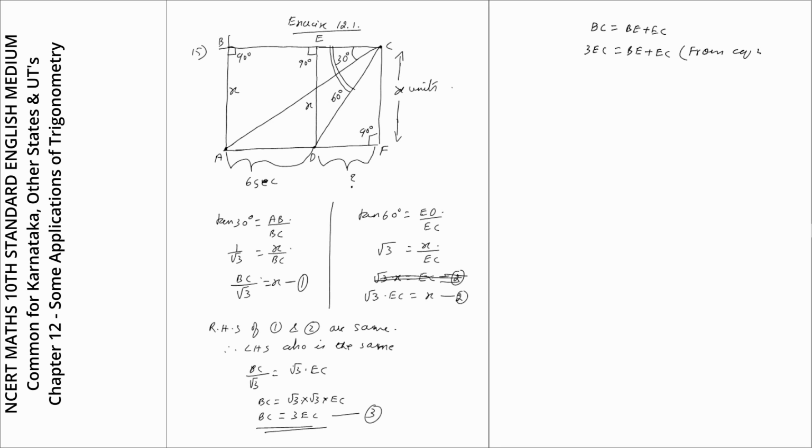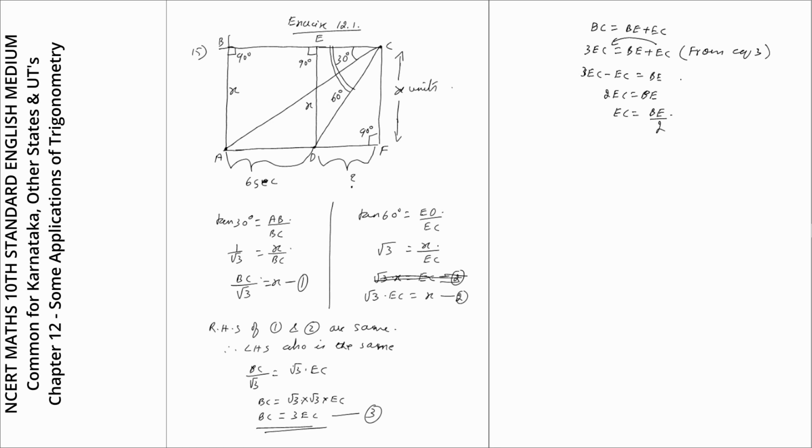Now 3 EC minus EC, I will bring this to the left hand side, is equal to BE. So 3 EC minus 1 EC, I will get 2 EC. 2 EC is equal to BE, or EC is equal to BE by 2.